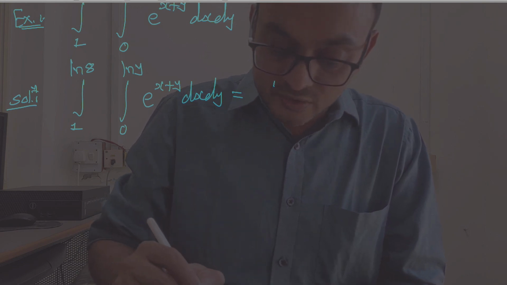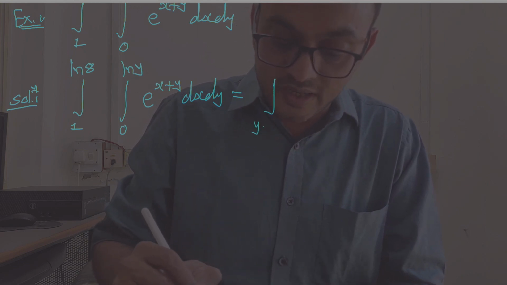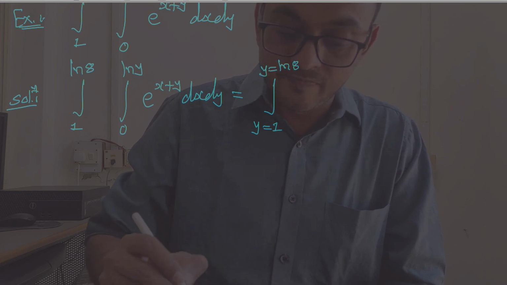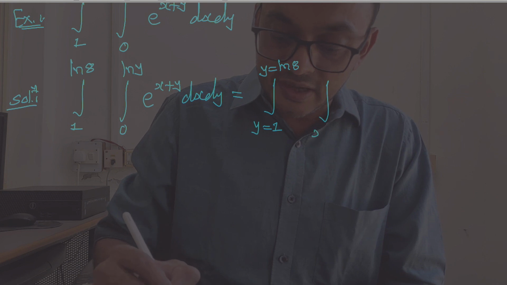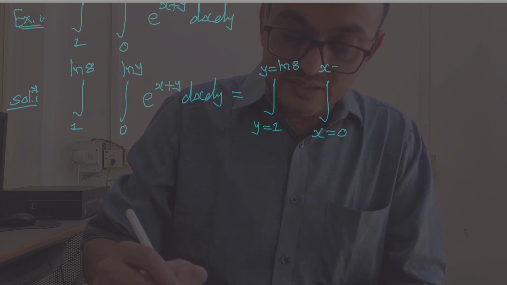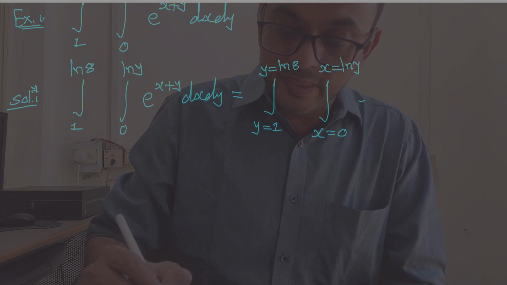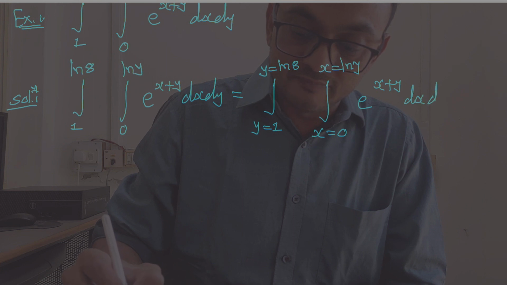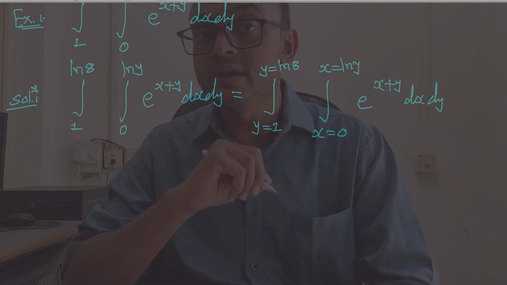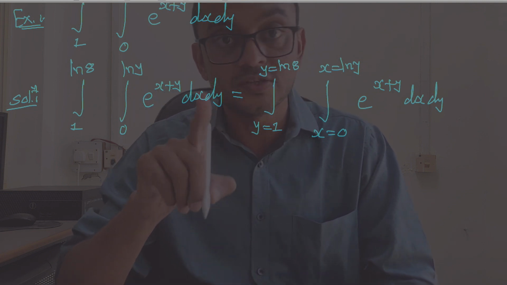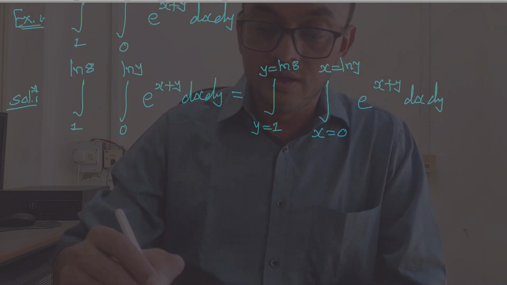So this is equal to integration y is equal to 1 to y is equal to ln 8, integration x is equal to 0 to x is equal to ln y, e raised to x plus y dx dy. So first we integrate this quantity with respect to x. Which quantity? e raised to x plus y.